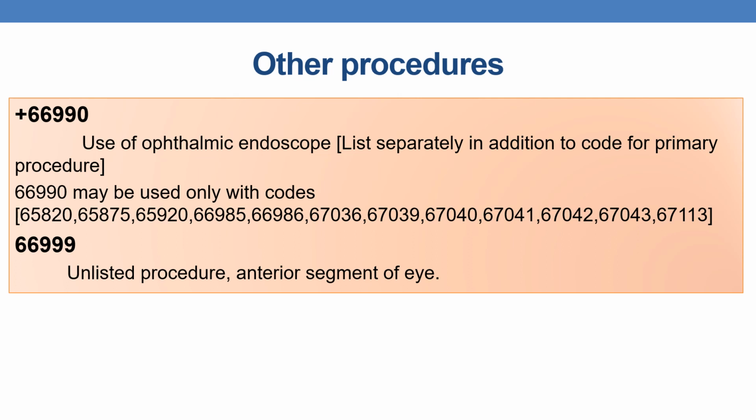And 66990 may be used only with the codes 65820, 65875, 65920, 66985, 66986, 67036, 67039, 67040, 67041, 67042, 67043 and 67113. Finally, 66999 deals with unlisted procedure anterior segment of eye.